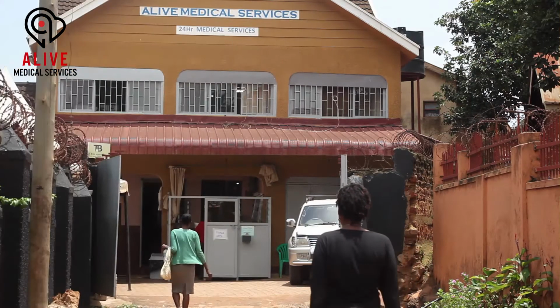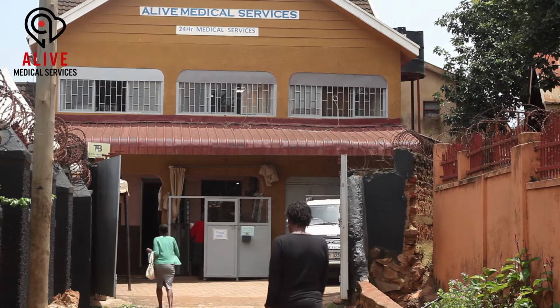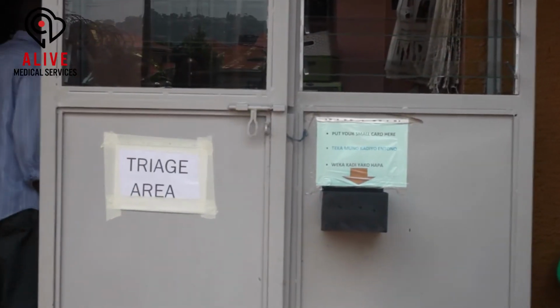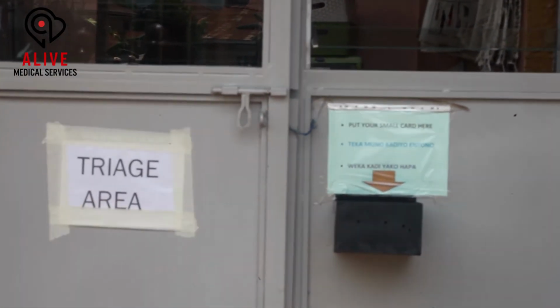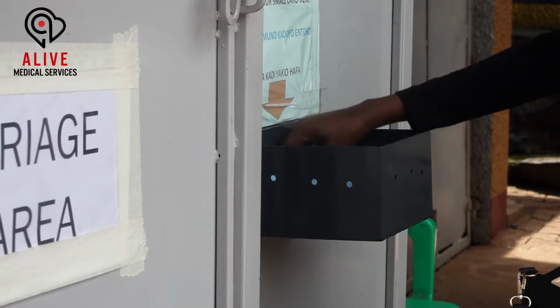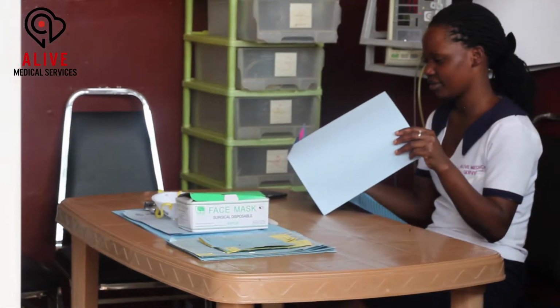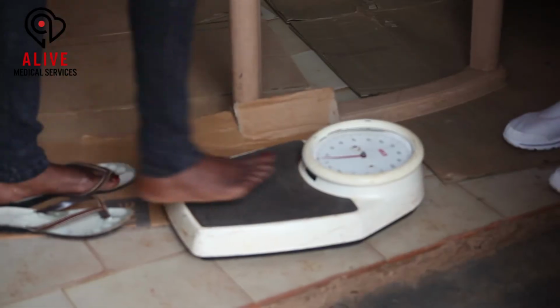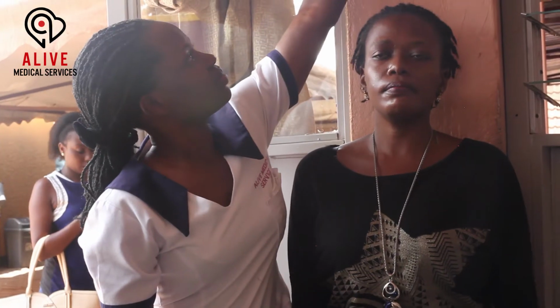And next, I'm going to explain to you the different approaches, or different ways, in which we are going to do this. The first approach is facility-based individual management, or FBIM, where a client has to come to the facility every time they need to get treatment.